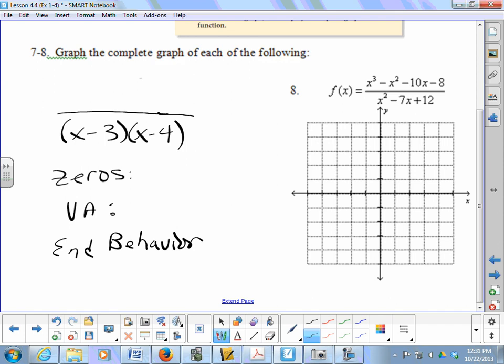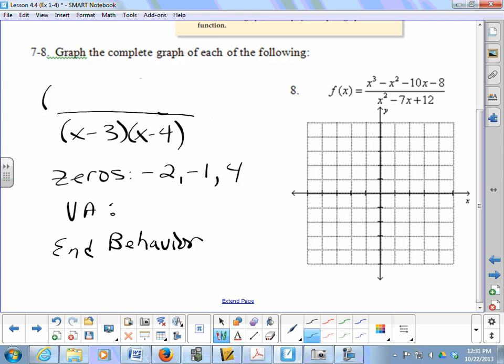And these all should be integers. So who's got them? Nathan, you got them? Tell me the zeros and I'll write it in factored form. -2, -1, and 4.